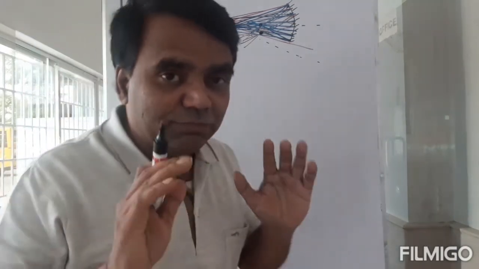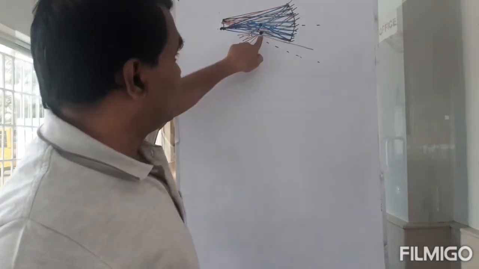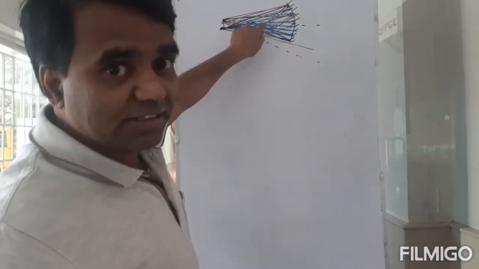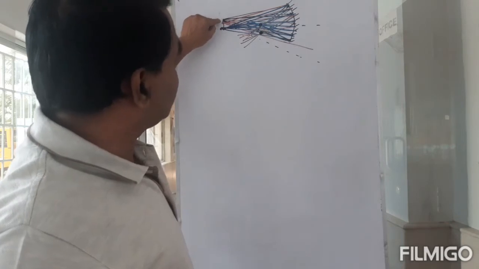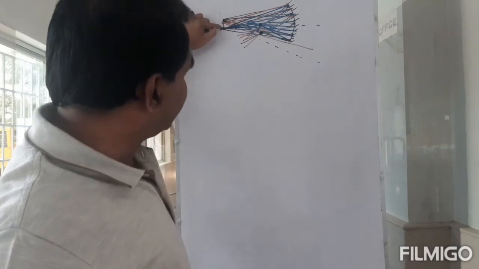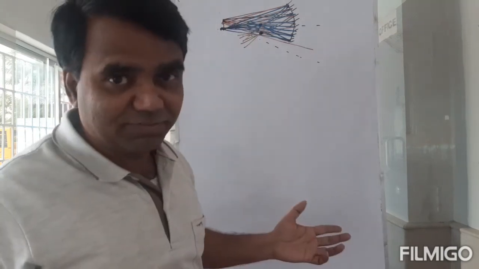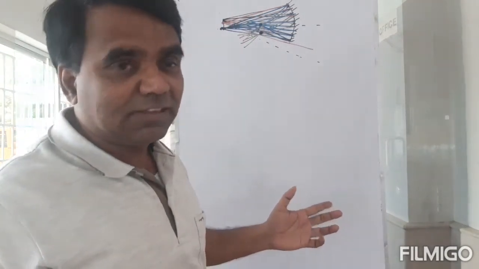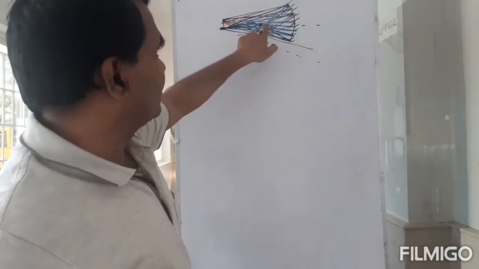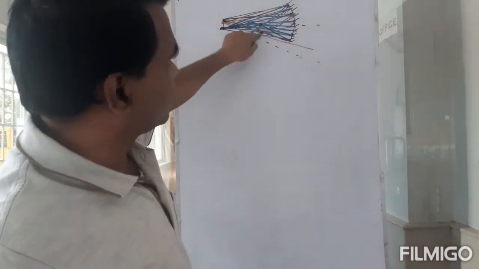So what is understandable is, if this tip makes the image here, and if this point makes the image here, then every other point in between must be making their respective images between these 2 points. Okay? Because you start with the top, and for the top you get a point, and you then end with the bottom. For the bottom you get this point, and every other point would lie between the top and the bottom.